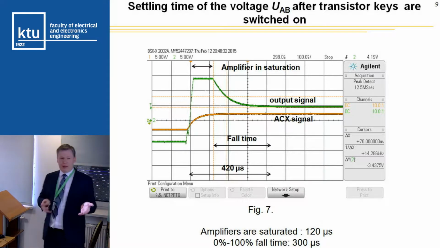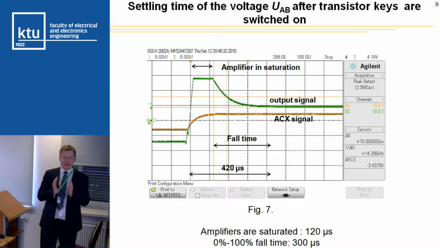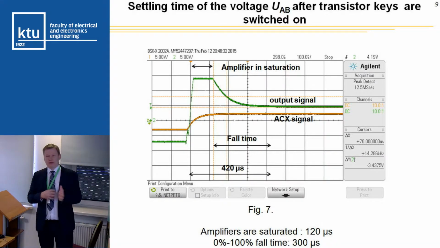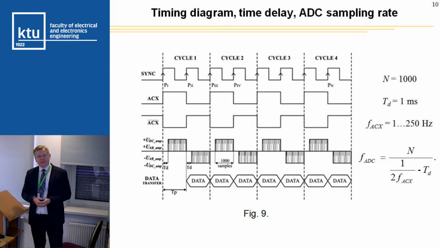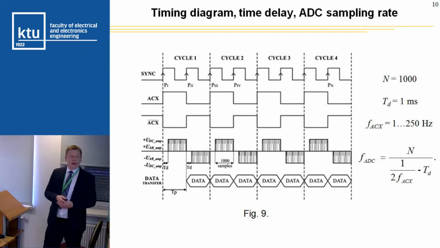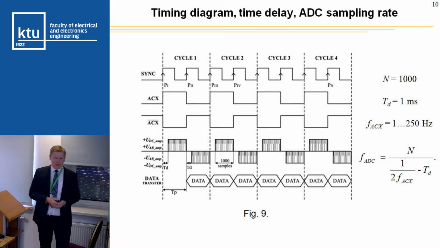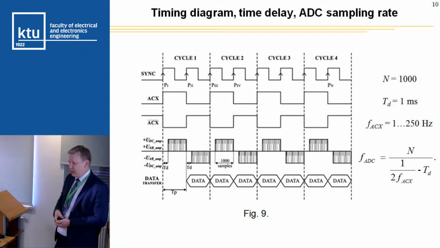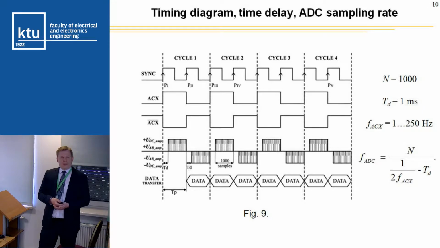So if you sum up, it is about 500 microseconds. So we should wait that time and then give it to an ADC converter, for example. So this is a timing diagram, and because of these unsteady states, we introduced a time delay. I mean, the ADC converter waits 1 millisecond and then samples and converts the signal.